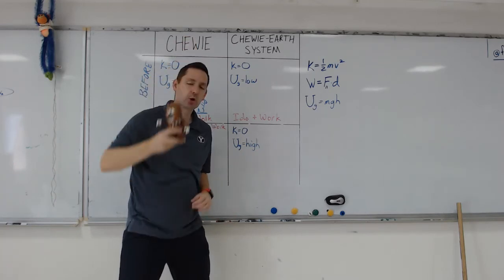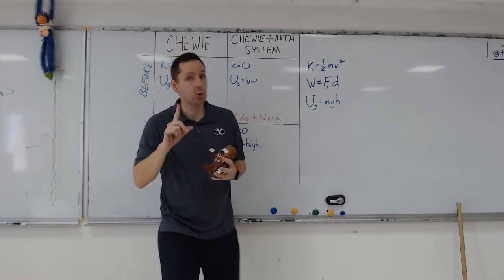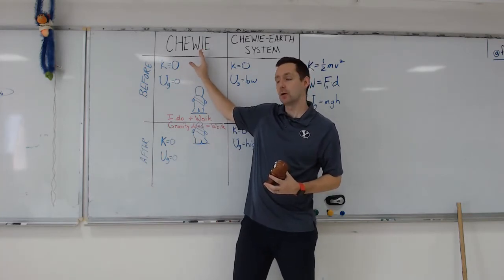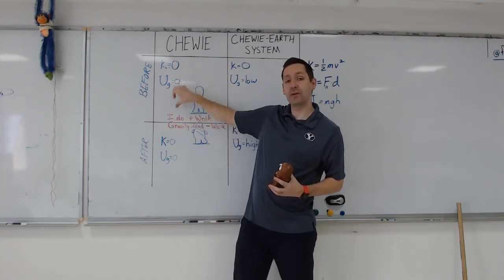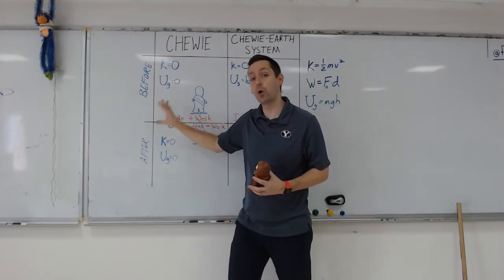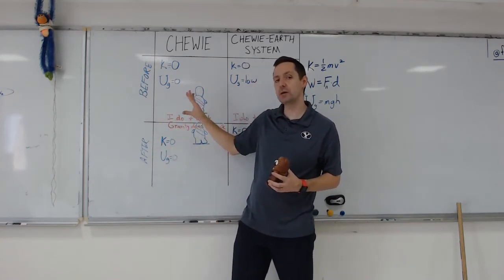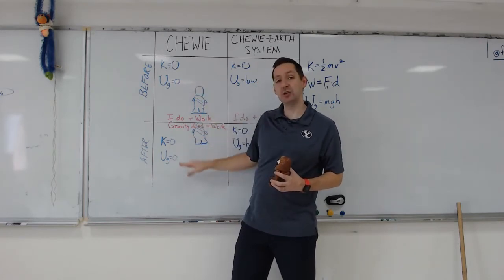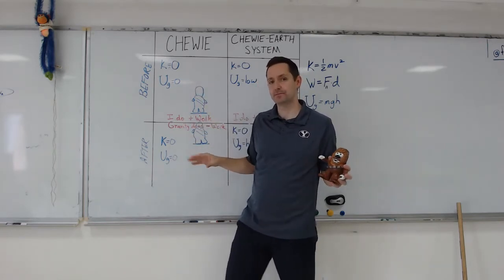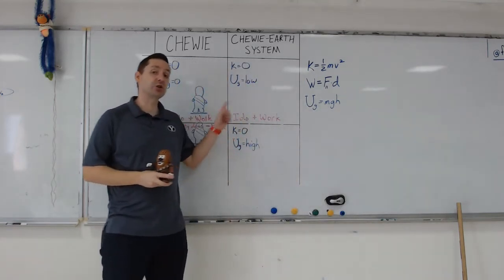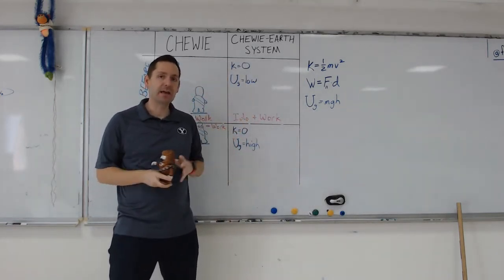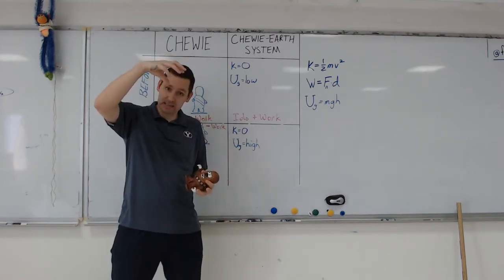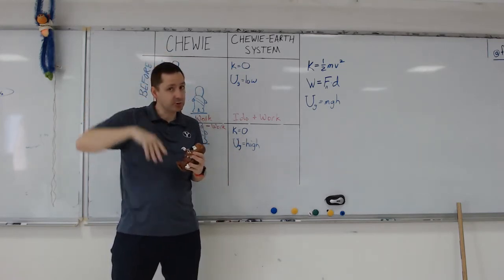Okay? And so we've seen another situation, right? We looked at the idea when we just look at Chewy, I push up doing positive work, gravity pulls down doing negative work. Those are both external forces on Chewy. Therefore, they balance each other out, and the energy before and after is unchanged. If I look at the Chewy Earth system, then they can also store energy based off of the distance between Chewy and the Earth.